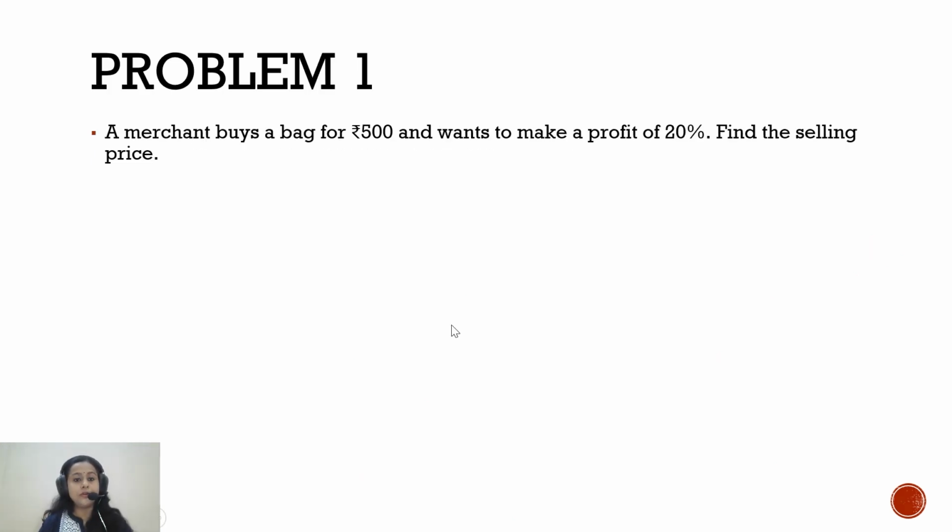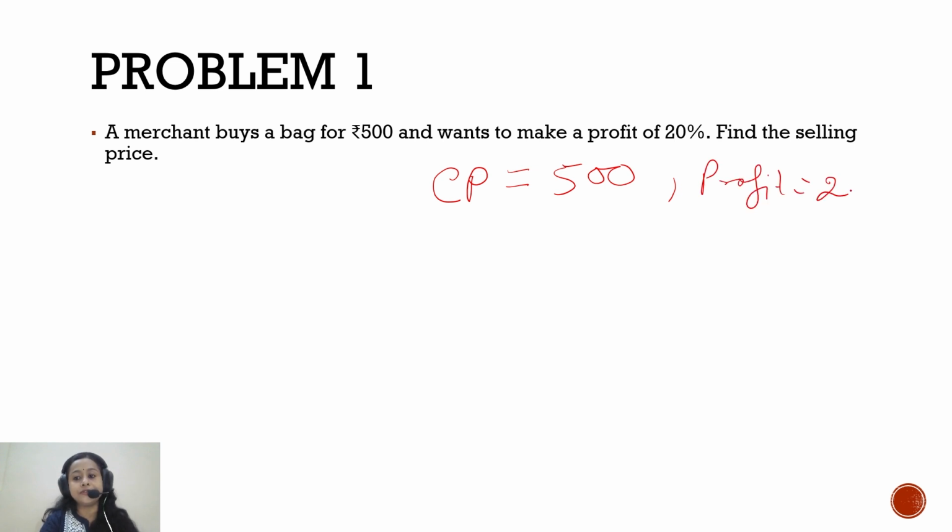So problem 1 says that a merchant buys a bag for 500 and wants to make a profit of 20%. Find the selling price. So yes, cost price is given, profit percentage is given, and you have to find the selling price. As the merchant buys at 500, the cost price is 500. Profit percentage is 20%.